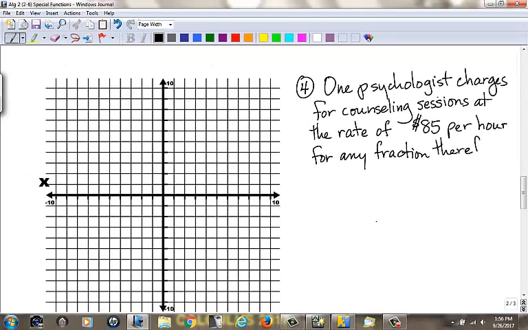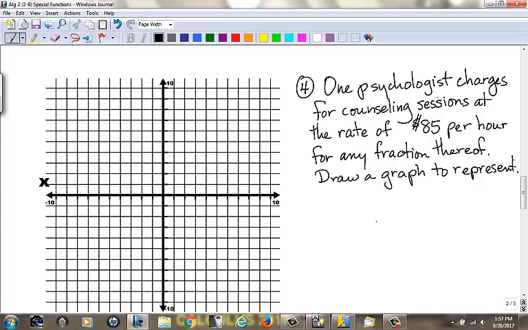So, in other words, if they work 15 minutes, they're going to charge you $85. Okay. Draw a graph to represent this.